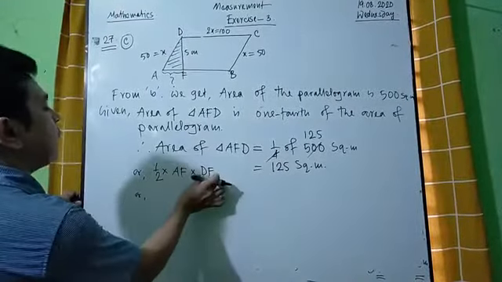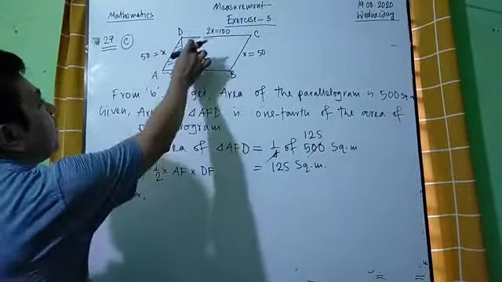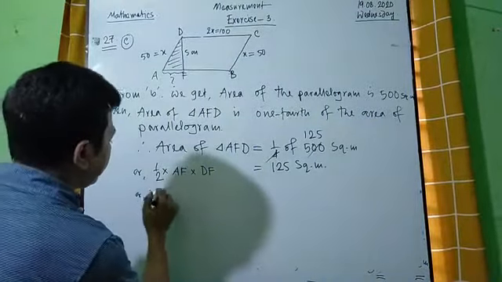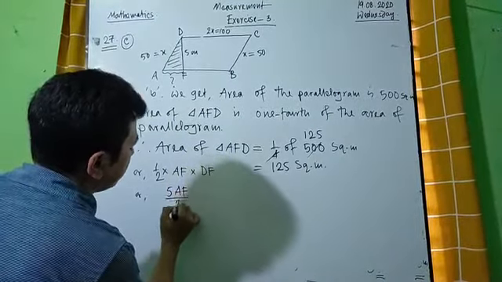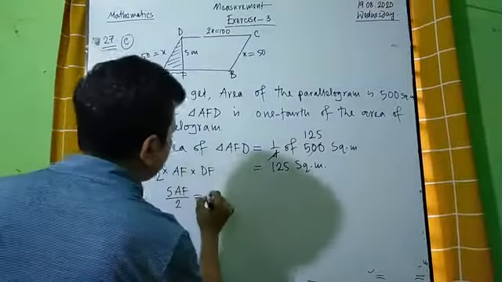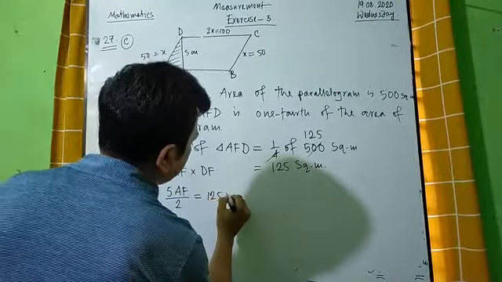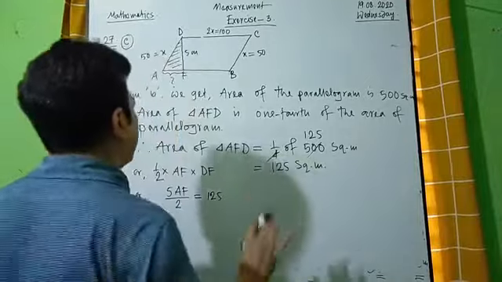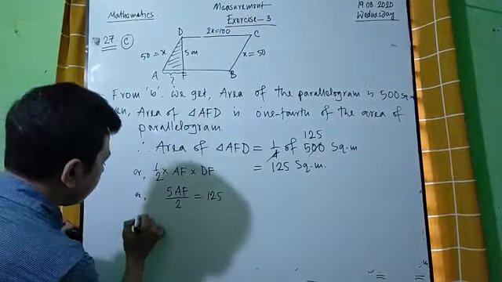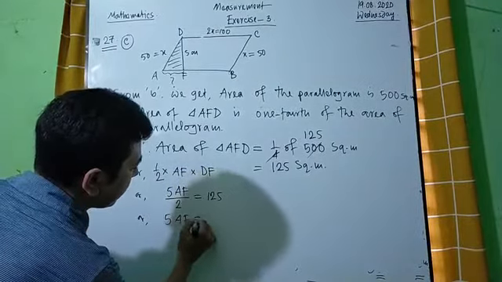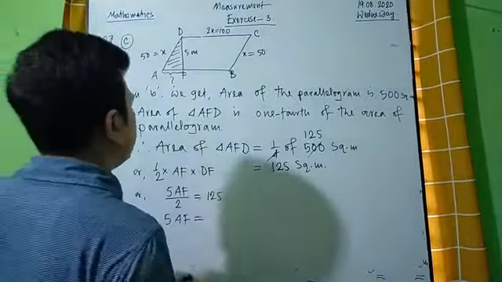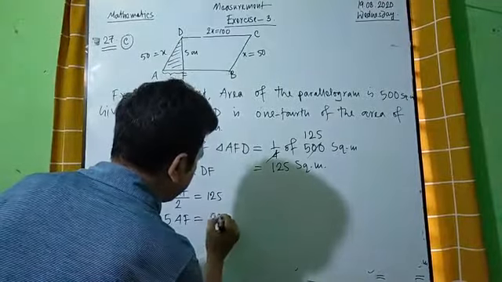We know that DF equals 5 meter, so we can write 5 AF divided by 2 equals 125 square meter. So 5 AF equals 2 into 125, which is 250.